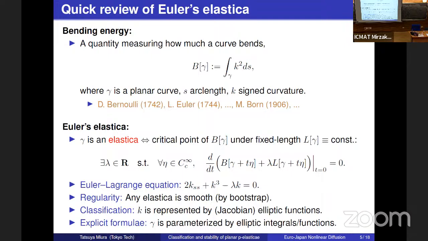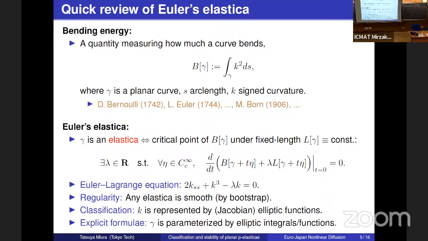So if we consider this kind of constraint, then by using the standard multiplier method, we can say that if a curve is a critical point, then there exists some multiplier lambda such that the first variation of the energy B plus lambda L vanishes at gamma. So this is the actual definition of the elastica.